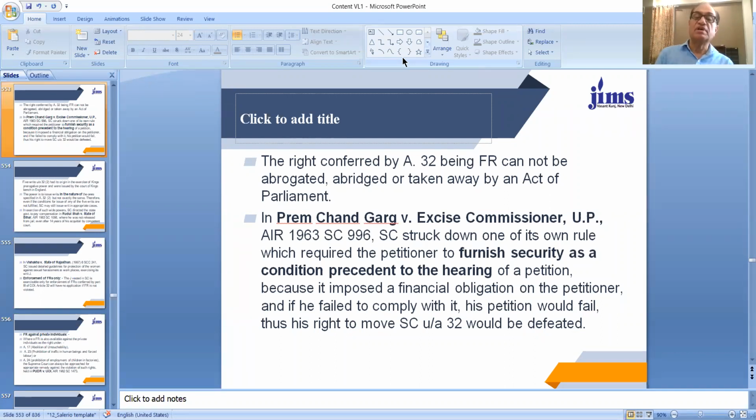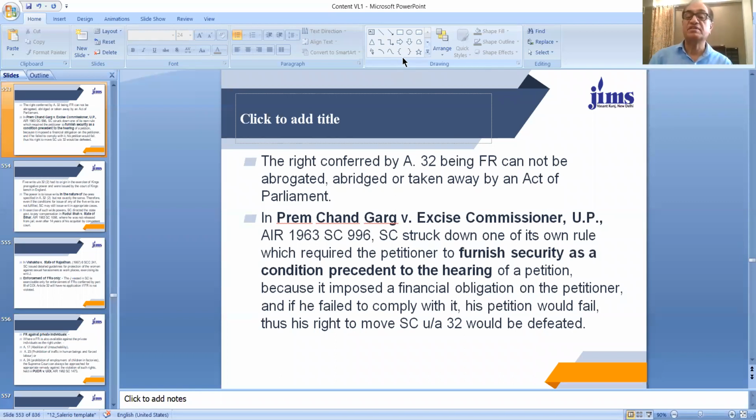So one of the rules drafted and enacted by the Supreme Court itself required the petitioner to furnish security as a condition precedent to the hearing of a petition. Because it imposed a financial obligation on the petitioner, if the petitioner cannot furnish cash security, then his petition would fail, and his right to move the Supreme Court under Article 32 will be defeated.